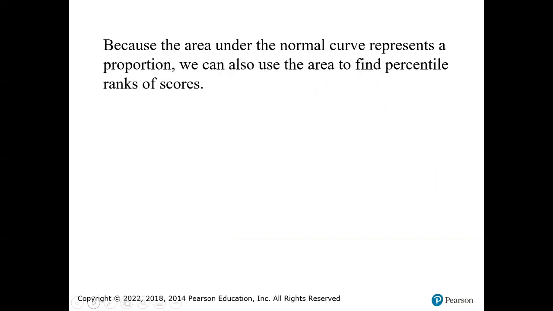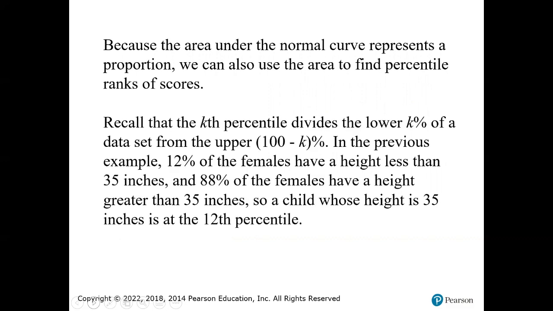Just remembering that because it's a proportion, we can also relate it to percentiles. Anytime we talk about percentiles, the value we get is always going to be shaded to the left. So if it's 0.42, 42% would be below, and the remaining, what would that be, 0.58, 58% would be above.